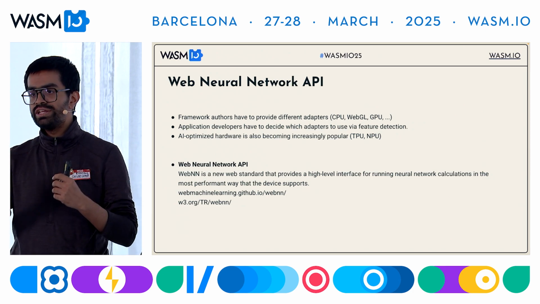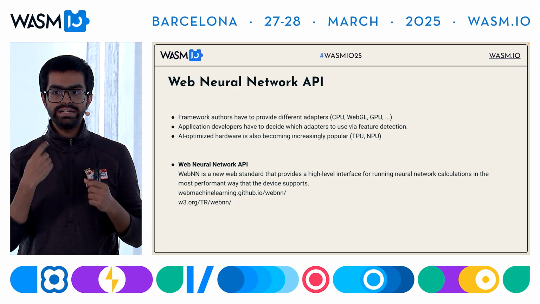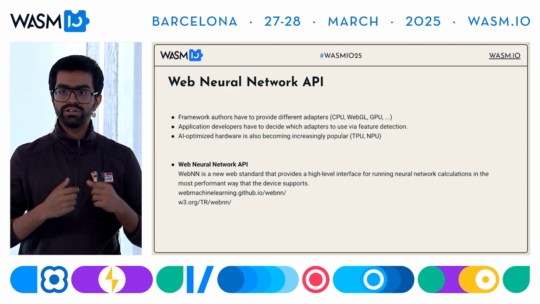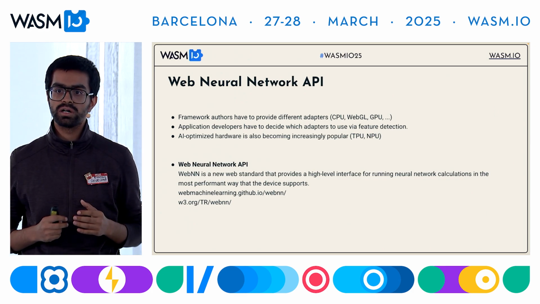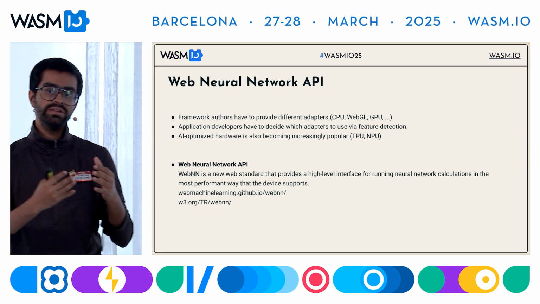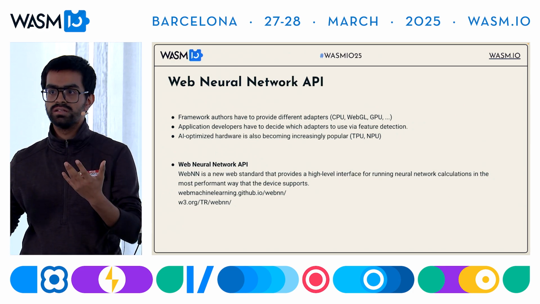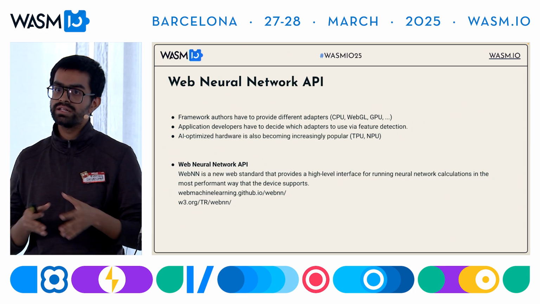Now, of course, when you are writing your application logic, you should include the capability to select these different types of backends, such that whatever model you're running, usually it's not just magic that your machine learning model will directly work in the browser. There is a process: you have to convert the existing model that might be written in Python with transformers. You need to transform that and make it compatible to run inside of the browser.